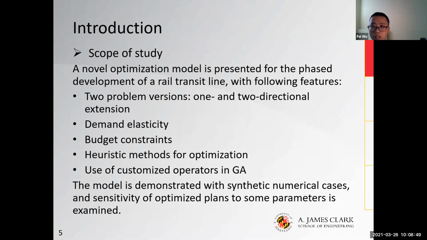The budget constraints come not only from the external supply, but also from the collected fares. For one and two directional extension, we use different heuristic methods for optimizing the extension plans. We demonstrate the model with some synthetic numerical cases. We also conduct some sensitivity analysis of results to some parameters.